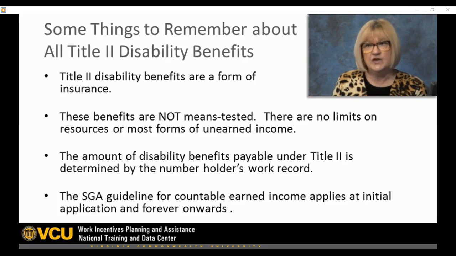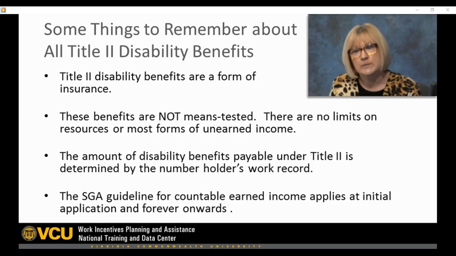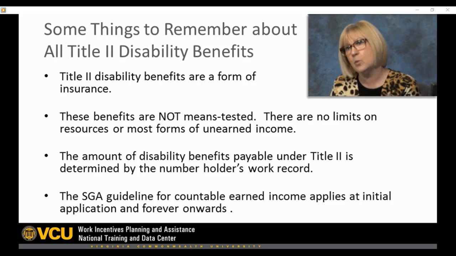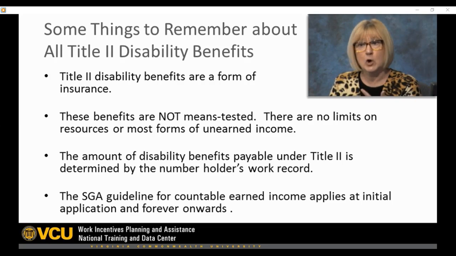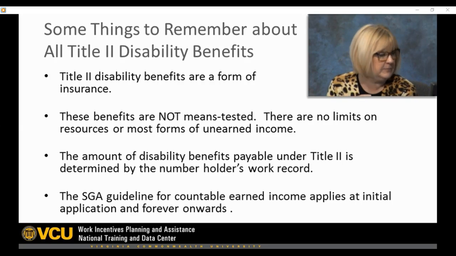Now, the SGA amount is how much earned income is countable, and it's a guideline when Social Security is determining eligibility for benefits. So it's simply something to consider. And here's the reason for that. Remember what these programs are for. These are wage replacement programs. Remember the definition of disability, right? There's an earnings test, and there are medical requirements and a duration requirement that you have to meet.